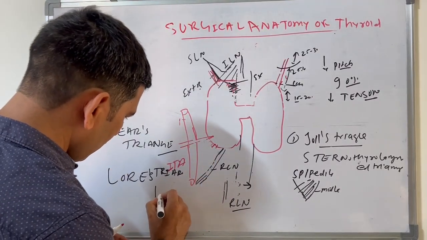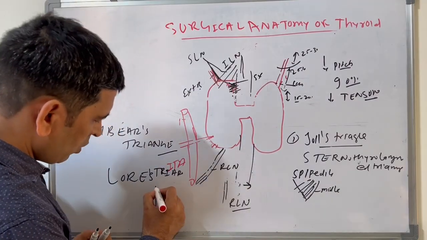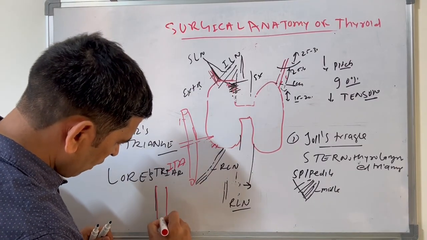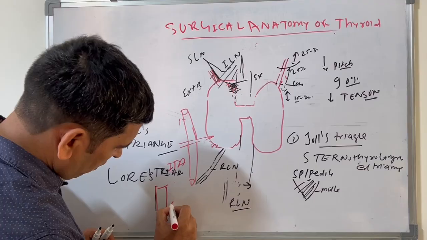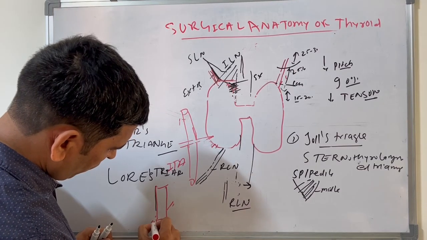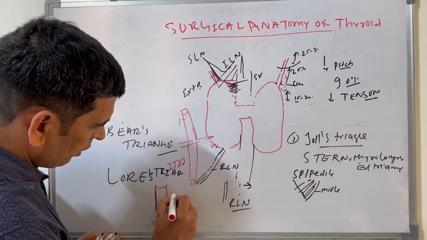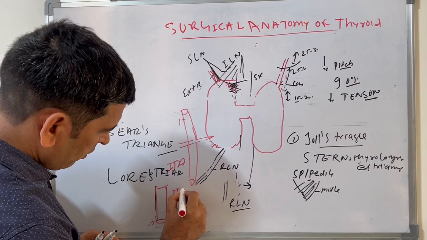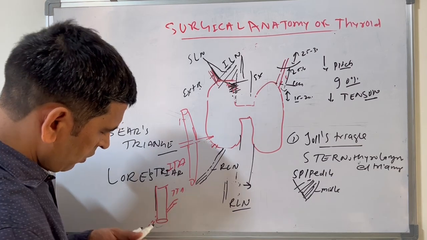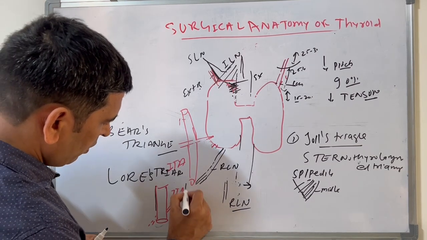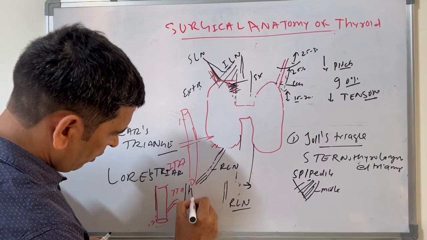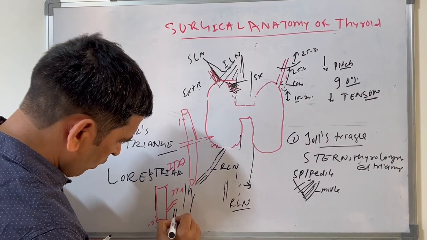So laterally this is, I will draw it separately. This is carotid artery. This coming from thyrocervical trunk is the inferior thyroid artery. And this is the midline trachea. And this nerve is going like this.